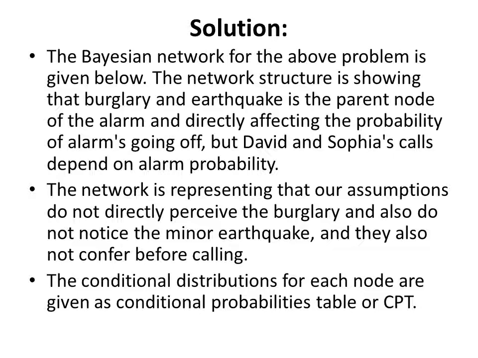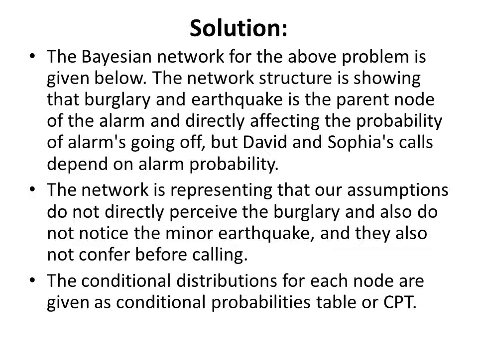The network structure shows that burglary and earthquake are the parent nodes of the alarm, directly affecting the probability of the alarm going off. But David and Sophia's calls depend on the alarm probability. The network represents that our neighbors do not directly perceive the burglary and also do not notice the minor earthquake, and they also do not confer before calling.